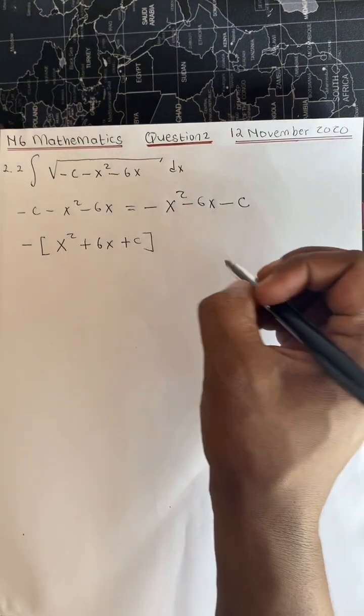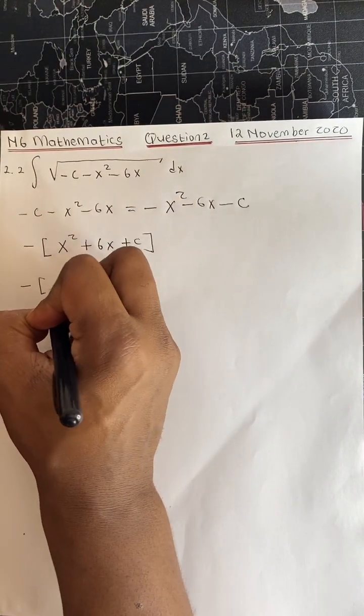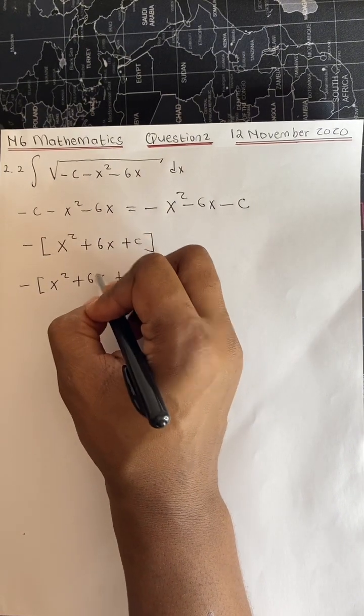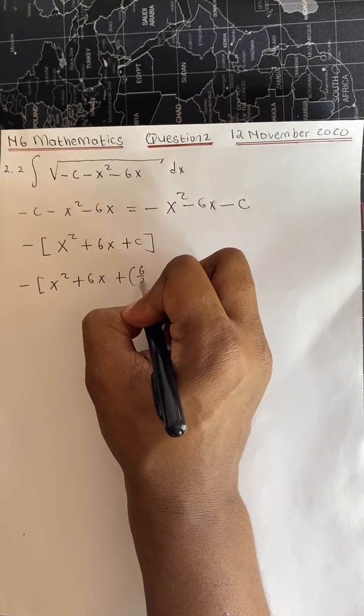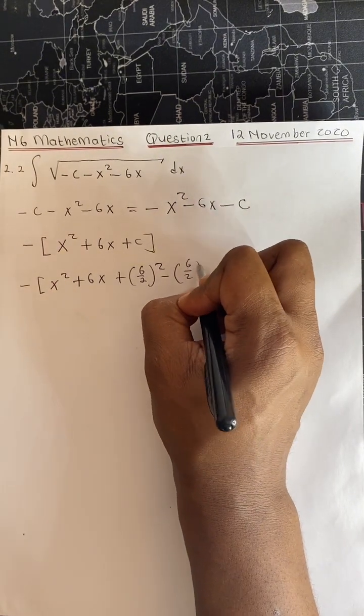In order for us to complete the square, we have to take the coefficient of x, this 6, halve it, square the whole thing, and subtract this whole thing by itself.